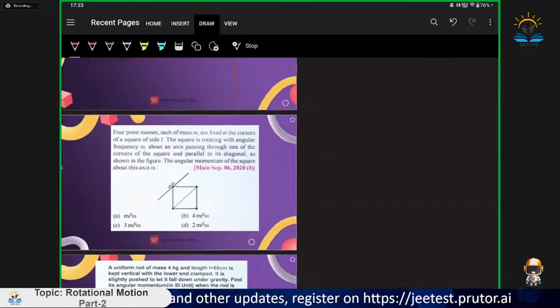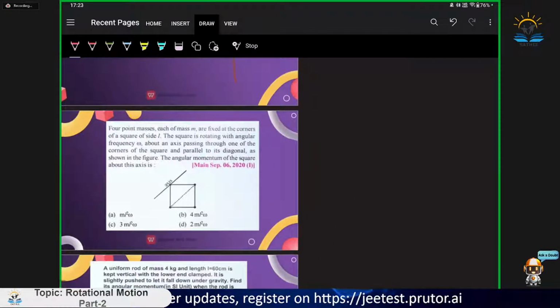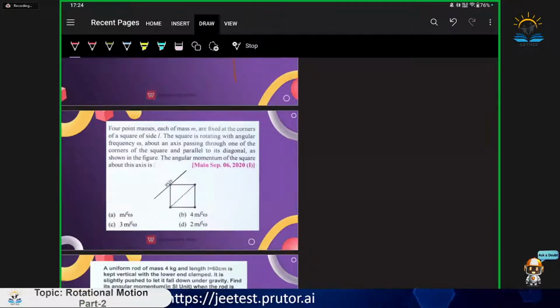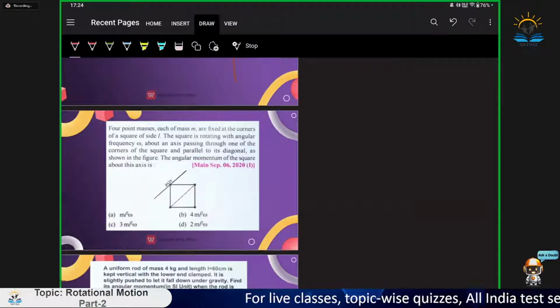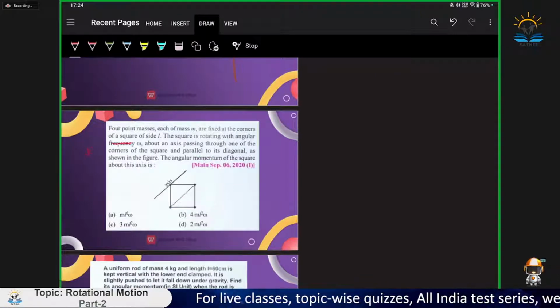This is the question. 4 point masses, each of mass m, are fixed at the corners of a square of side L. The square is rotating with angular velocity omega, about an axis passing through one of the corners of the square and parallel to its diagonal, as shown in the figure. Find the angular momentum of the square about the axis.